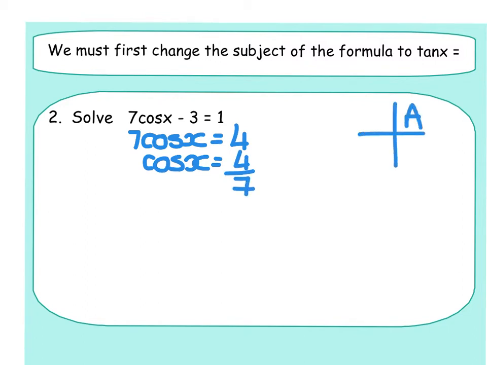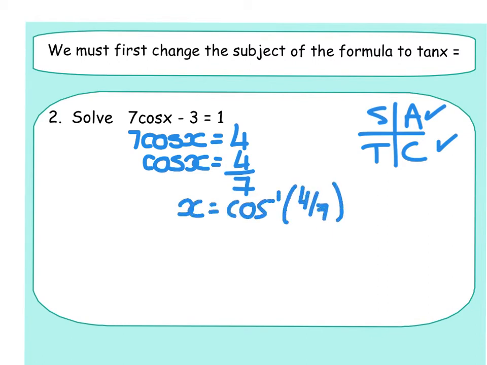Now decide what we're using. All, sine, tan, cos. This bit here is positive 4/7, so you tick all and cos. You then do the inverse cos of 4/7, and your acute angle will come out as, to the nearest whole number, 55. We're then going to apply that number to the all and the cos box.